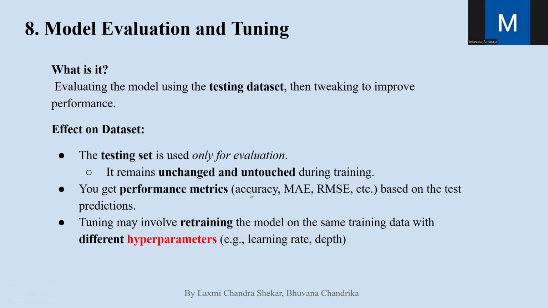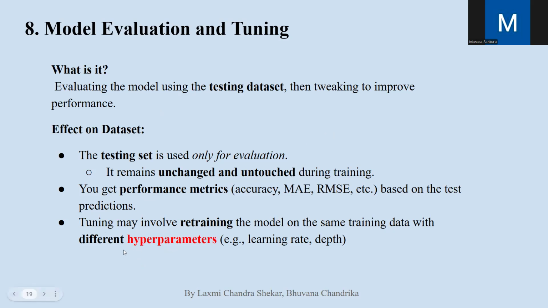We get performance metrics, and we'll be discussing all of these. You'll have lots of formulas to remember to understand how our machine is doing. Based on the test predictions, these are like the marks of our algorithm. By seeing these numbers, we might change some things. If we are getting below 70% or so, we'll take other measures to make it higher. That is what tuning is all about.